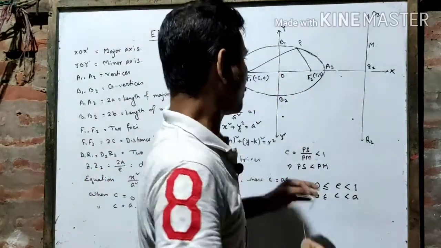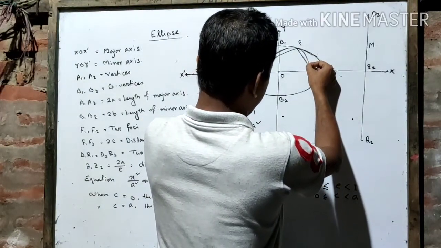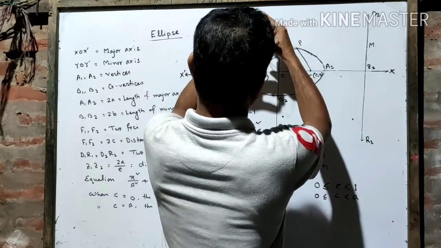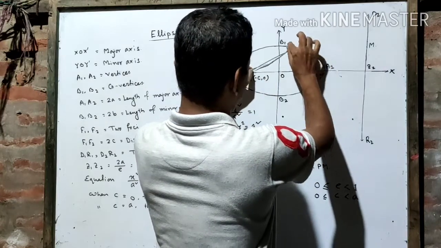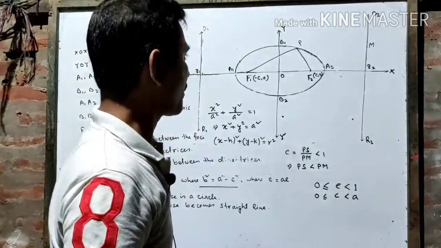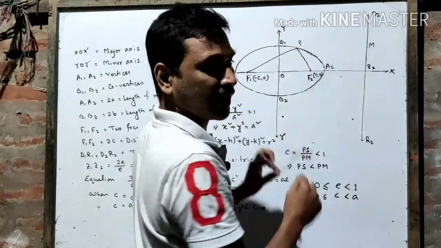You have fixed two ends here, and this is the point P where your pencil is. Your pencil becomes the moving point on the ellipse.